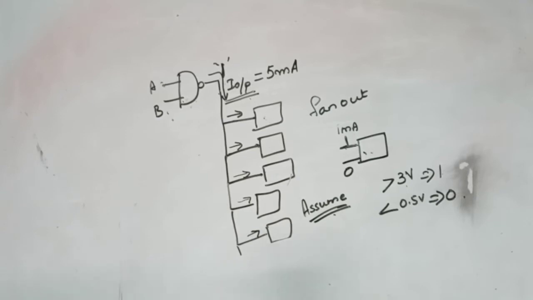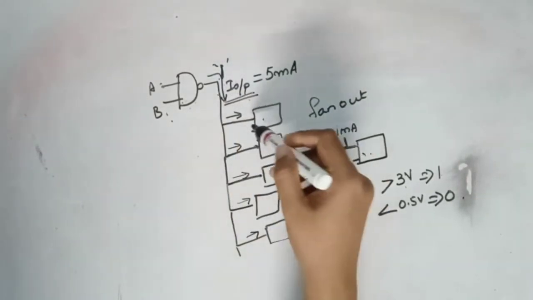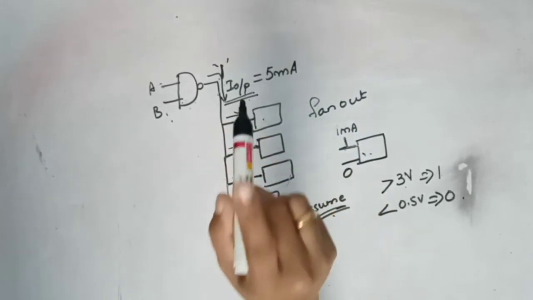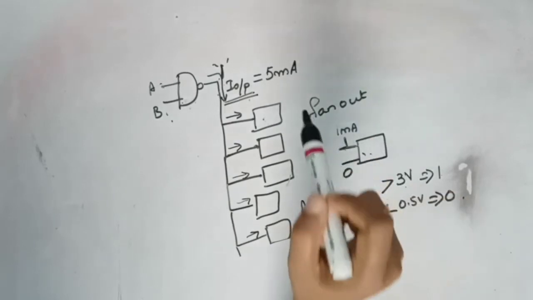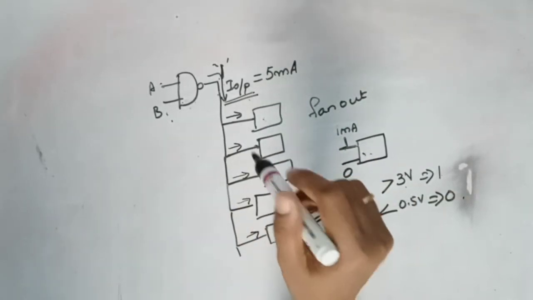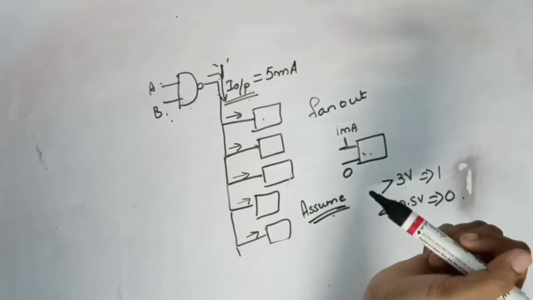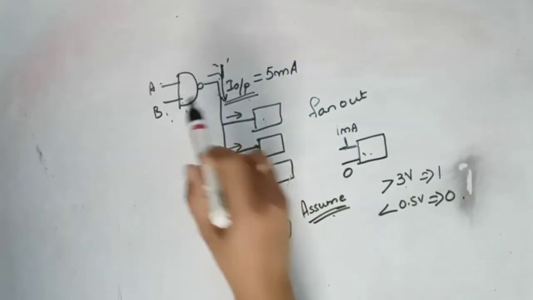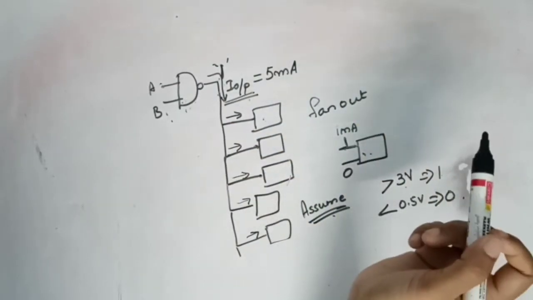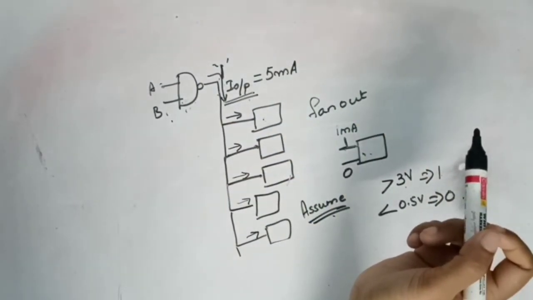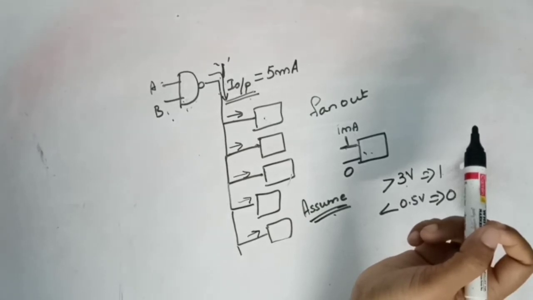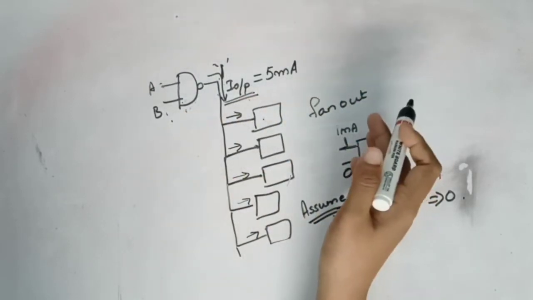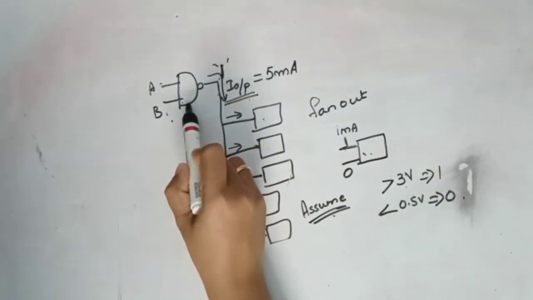That is, if the output of the gate is a logic 1, the inputs of all the gates connected to the output should also get a logic 1. So much current should flow to the input of each of the gates. How many gates can you connect like that to the output of this particular gate? That is called the fan out. So fan in is the number of inputs and fan out is the number of outputs of this particular gate in this case.